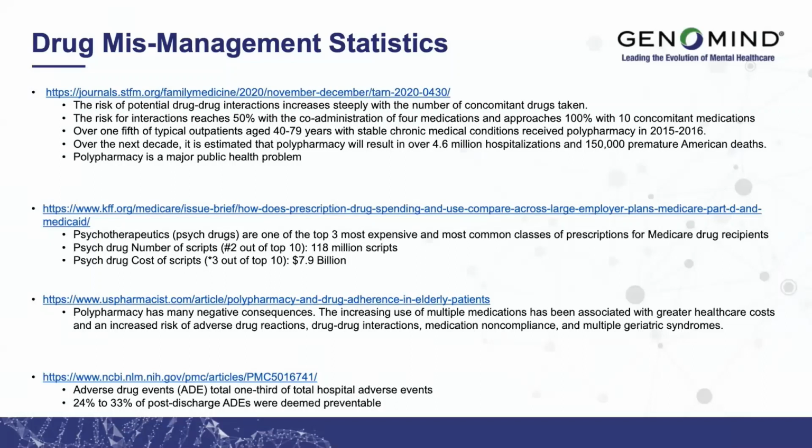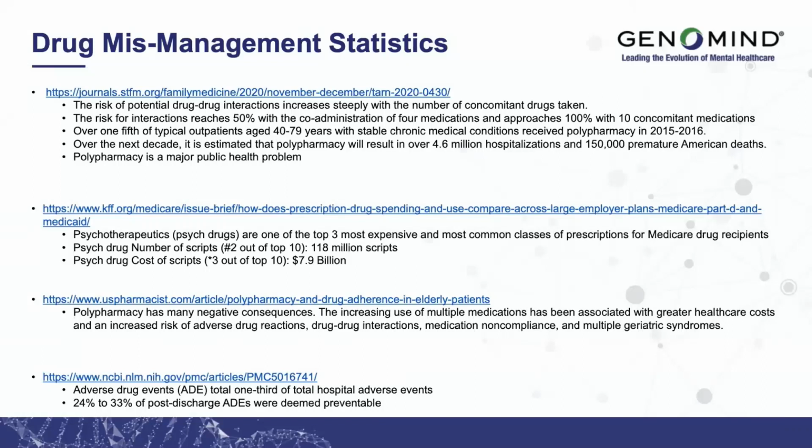10 or more drugs may sound ludicrous, but there are quite a few people, especially in the Medicare population, that are on greater than 10 medications. Over the next decade, it's estimated that polypharmacy will lead to over 4.5 million hospitalizations and 150 deaths. Psych medications, so psychoactive substances, is the third most expensive class of medications for Medicare recipients.